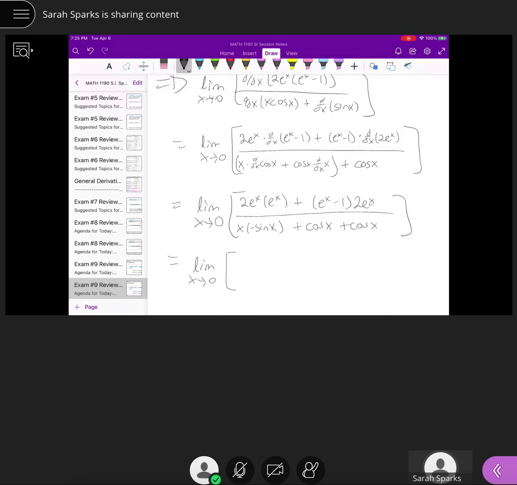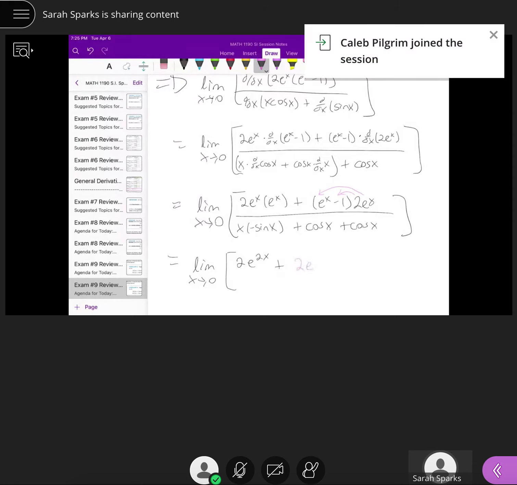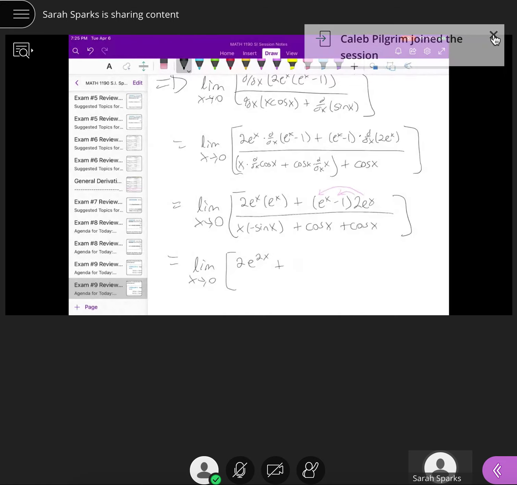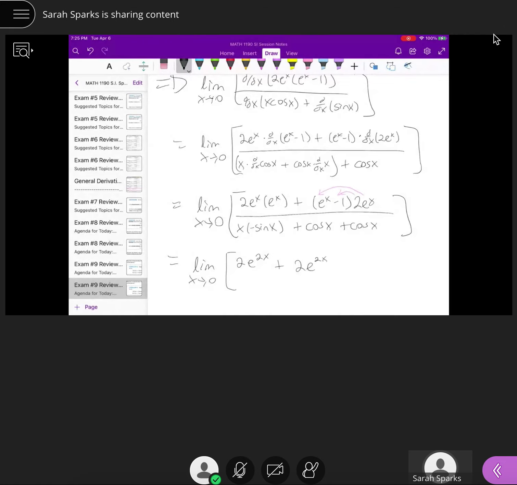So multiplying those e to the x's together, we get 2e to the 2x plus, and then I'm going to distribute that 2e to the x to each of those terms to get 2e to the 2x minus 2e to the x over 2 cosine x minus x sine x.